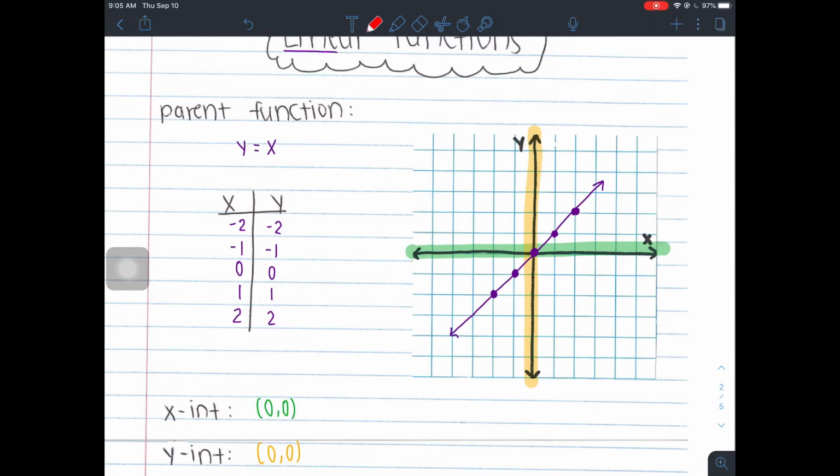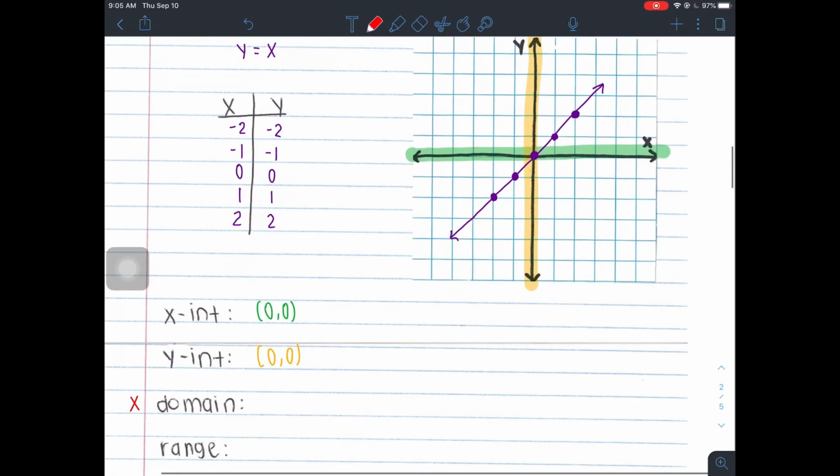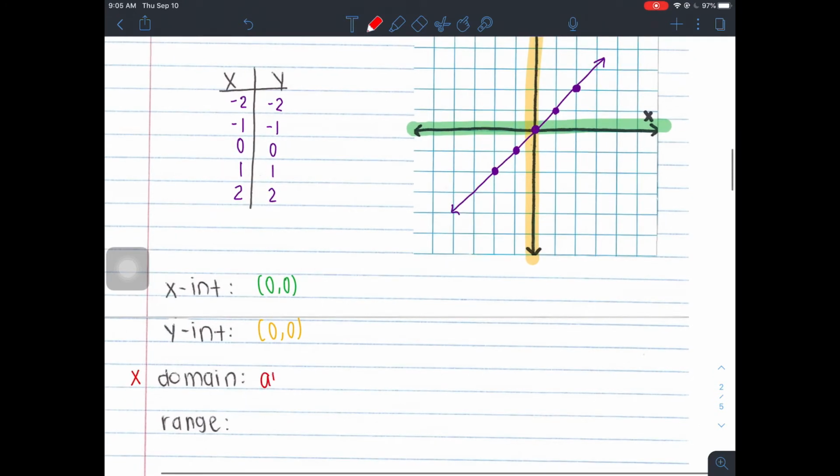Okay, so remember, domain is x values. You're looking at your x-axis, which is left to right. Well, if it goes infinitely to the left and infinitely to the right, how do I say that in math? Well, to say that there's an infinite amount of numbers and it hits every single number, that is called all real numbers.